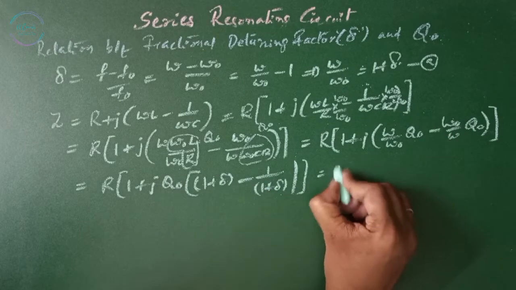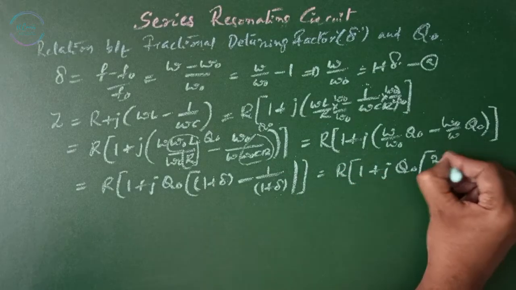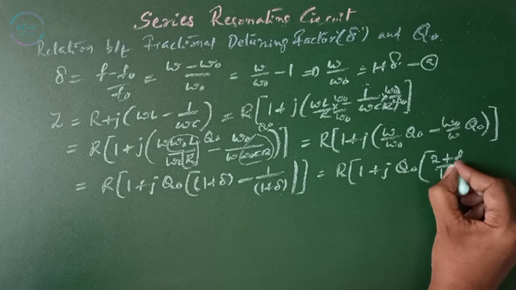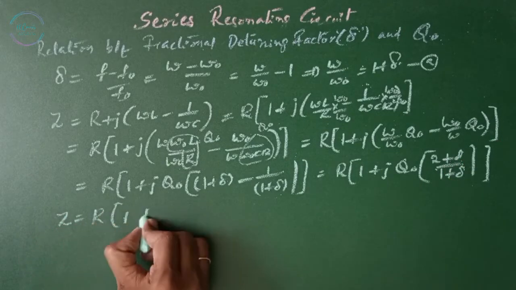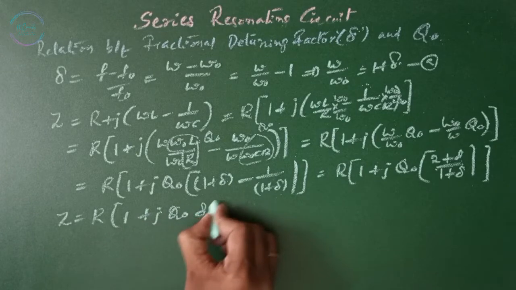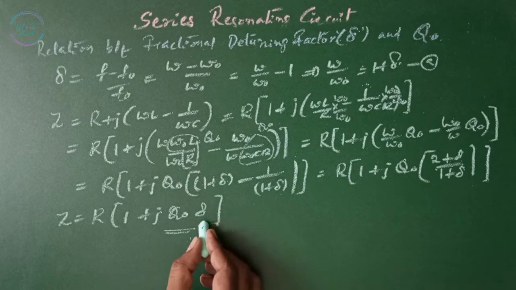Now, if you solve this, you are going to get R of 1 plus j Q naught of (2 plus delta) divided by (1 plus delta). Z equals R of 1 plus j Q naught delta. This is the relation between the Q factor at resonance and the fractional detuning factor delta.